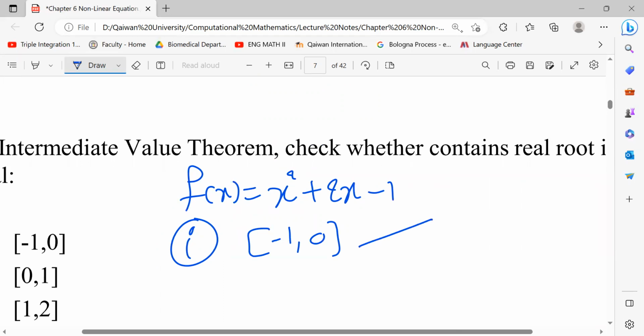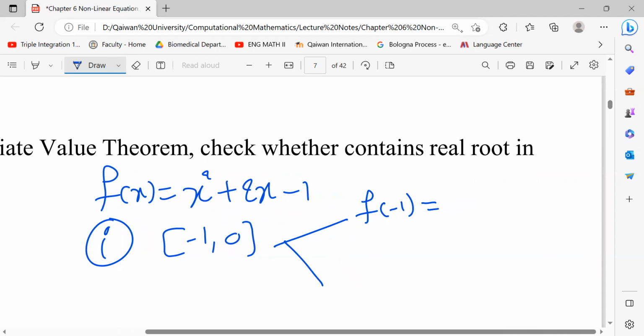Let's try this. We need to find f of -1. What's f of -1? We just plug this point into this function. F is given, so you just replace x by -1 in the function of f. We get (-1) squared plus 2 times -1 minus 1.